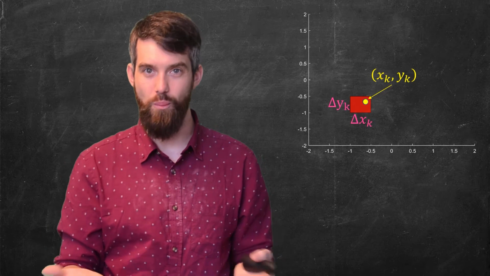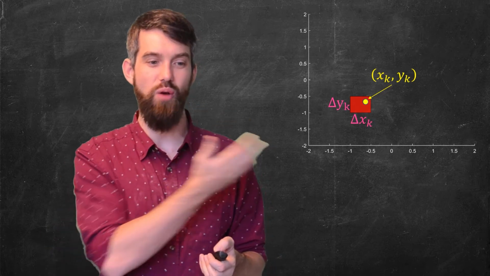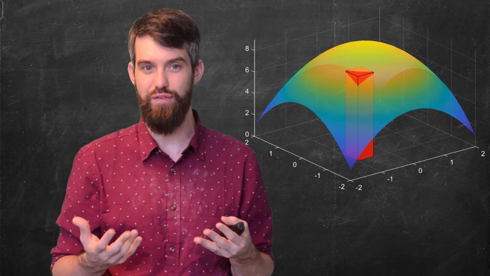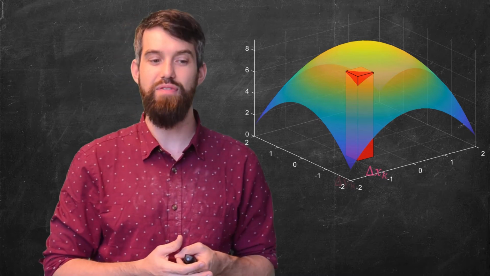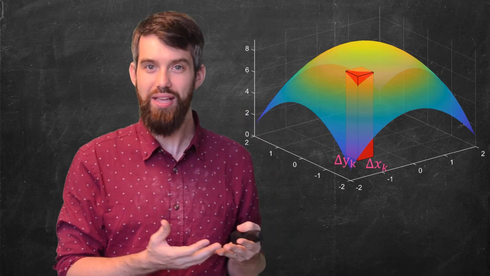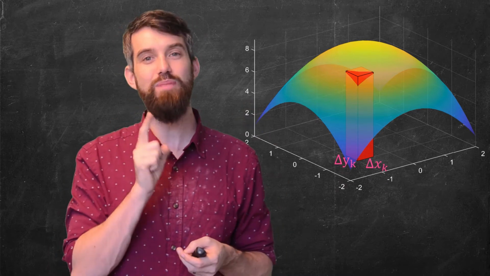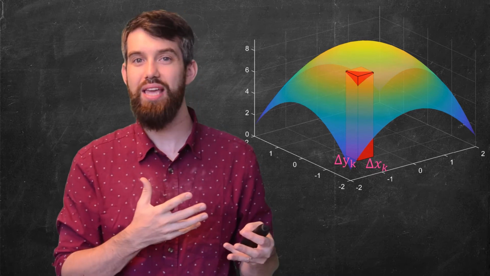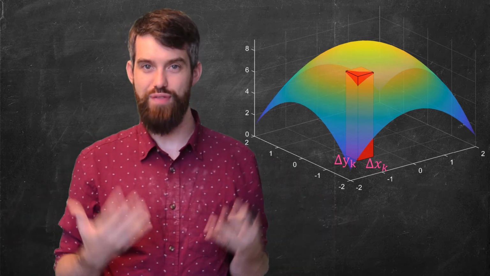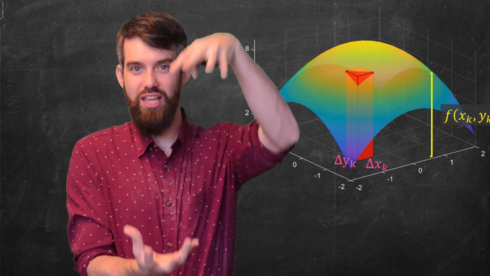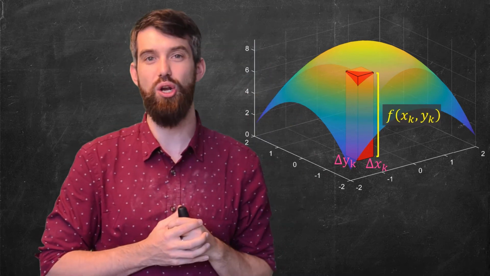That's the domain. Now if I go back and look at the graph of the function, down at the base I have that delta xk and delta yk. If I take the specified point xk, yk, then f of that point gives me the height of my particular box.